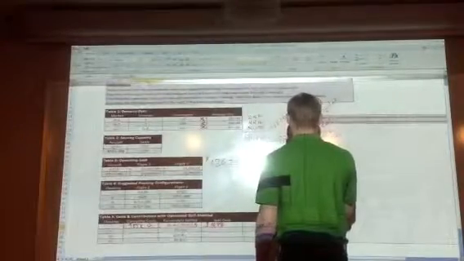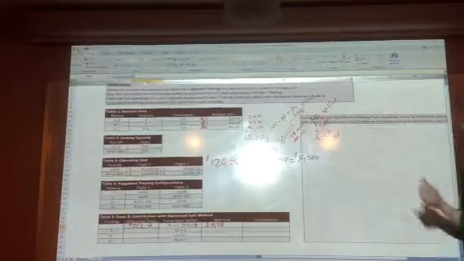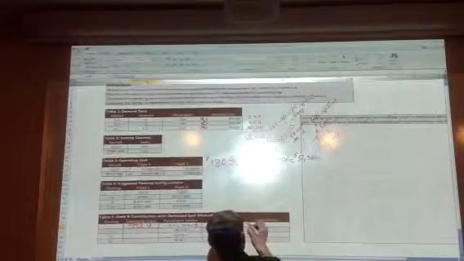Yep. So this goes in here, $52,500. Now that was given using only A320 aircraft, right?